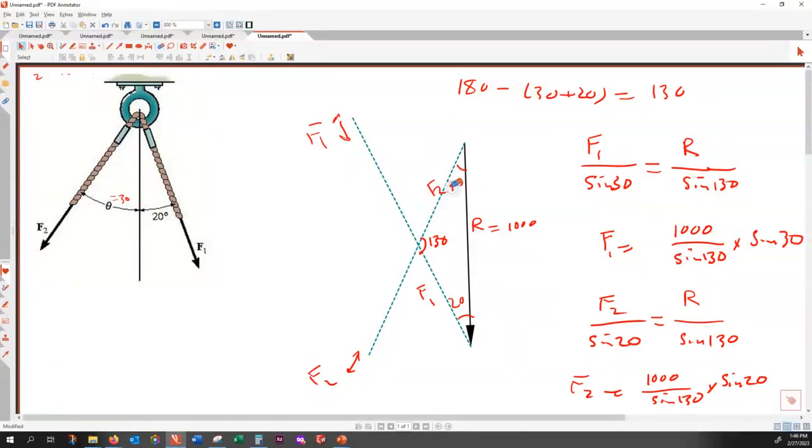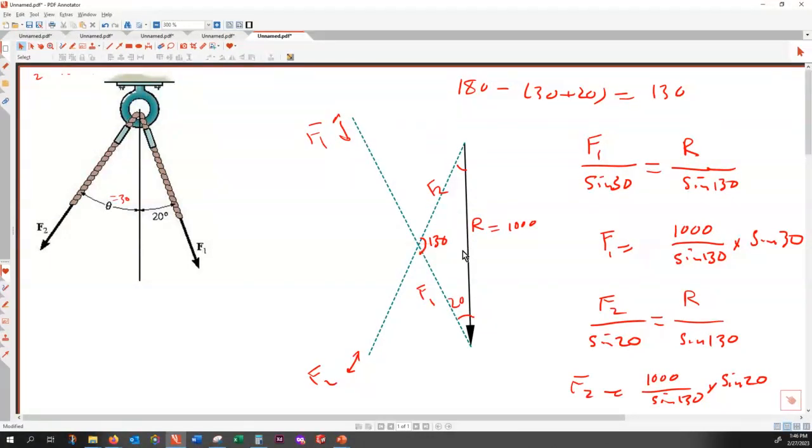So if this 30 is not given, can you imagine in what circumstances F2 becomes minimum? I can see that if this line is rotating, the minimum F2 is the shortest distance between here and there, right?